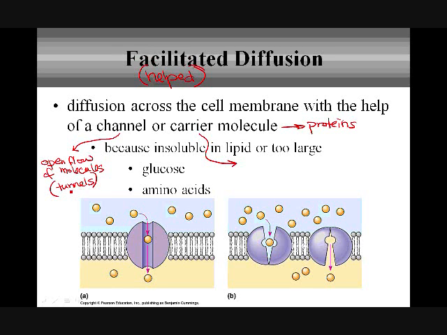There's another way into the cell for those molecules that can't just go straight through the cell membrane. Likewise, they can move out. With a carrier molecule, in this case, the molecule actually fits the carrier to be transported.